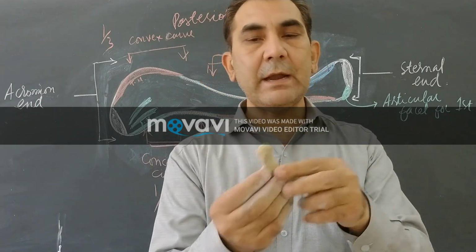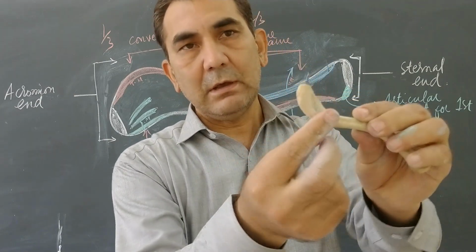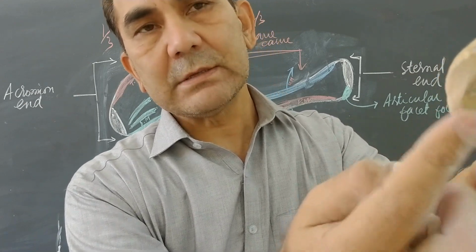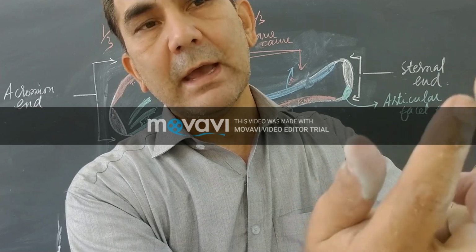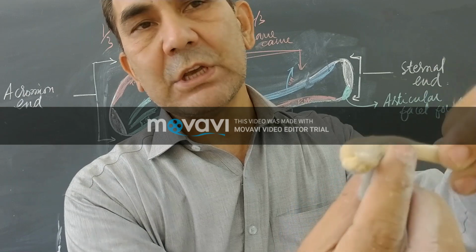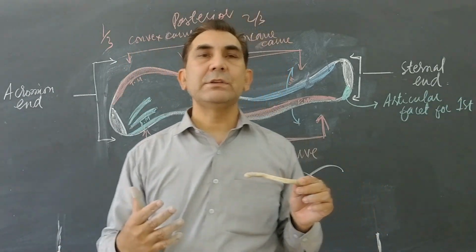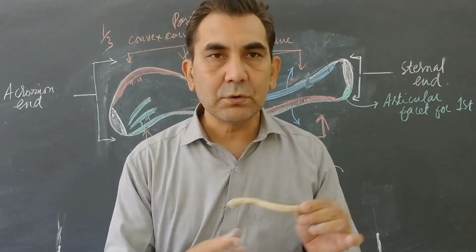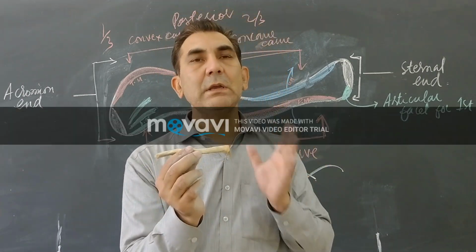At the inferior surface of the acromion end there is a tubercle here, the conoid tubercle, and this conoid tubercle is always kept on the inferior side. So you can identify whether this is the right side or the left side clavicle. So this clavicle belongs to the right side.